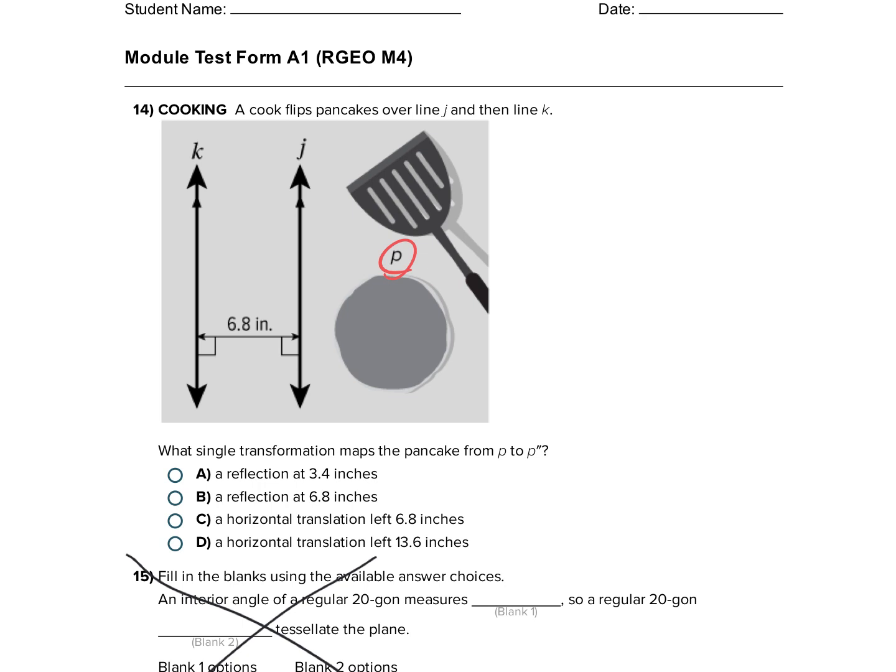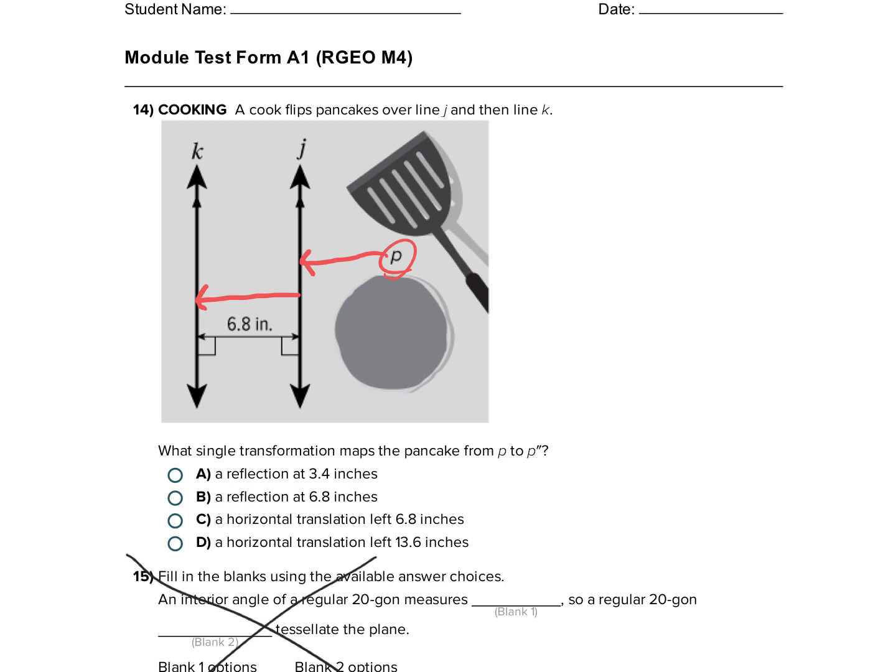Now, the assumption that they're trying to get you to make here is that from here to here is the same distance as from here to here. I'm not quite sure how you can assume that, to be honest.